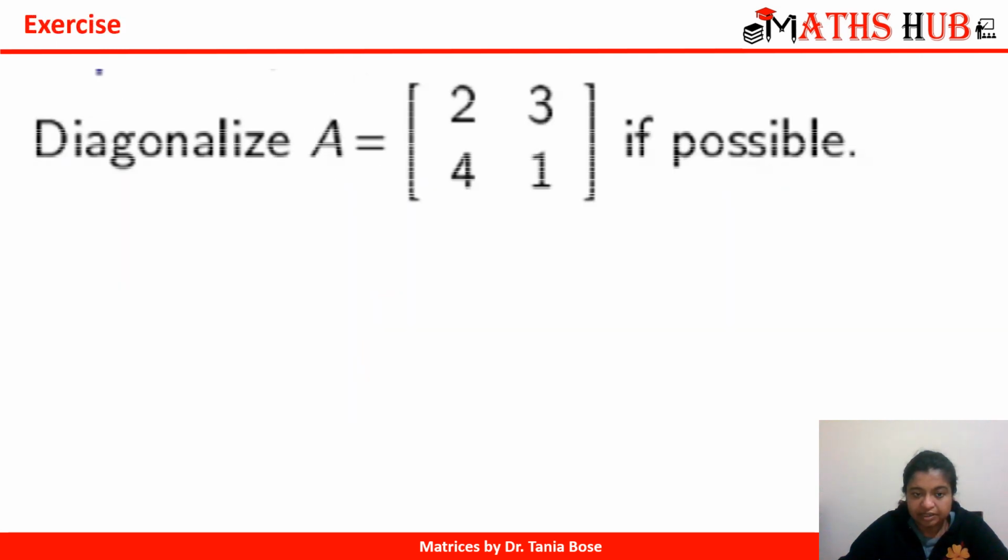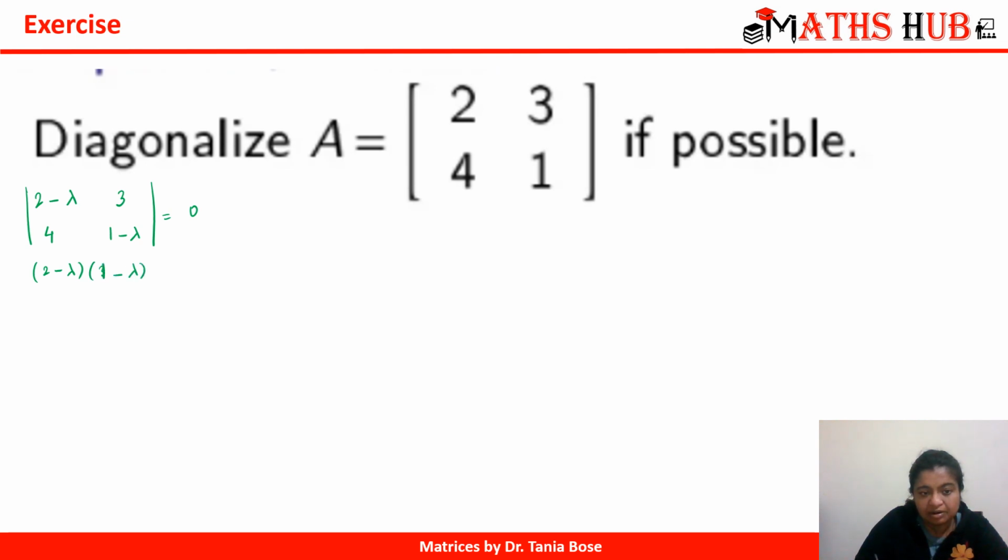We need to diagonalize [[2, 3], [4, 1]] if possible. Let's first find the eigenvalues of this matrix. We have 2 minus lambda, 3, 4, and 1 minus lambda, and let us take its determinant equal to 0. So we have (2 minus lambda)(1 minus lambda) minus 12 is equal to 0.